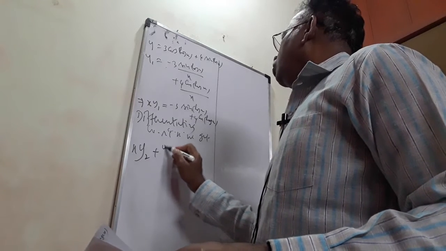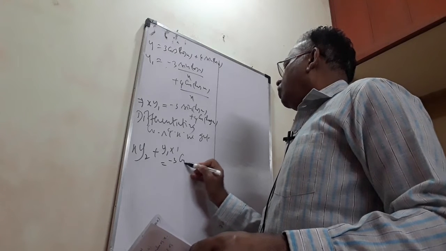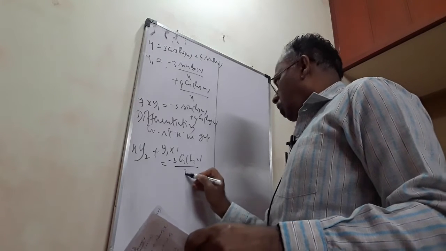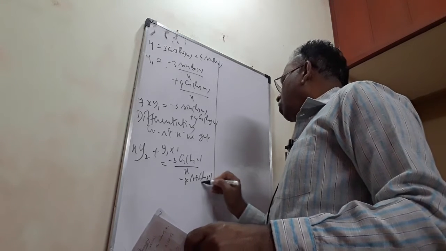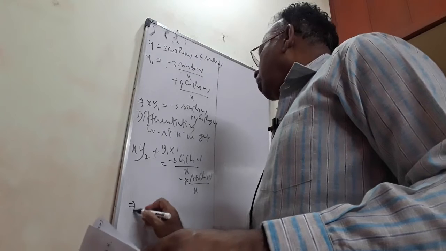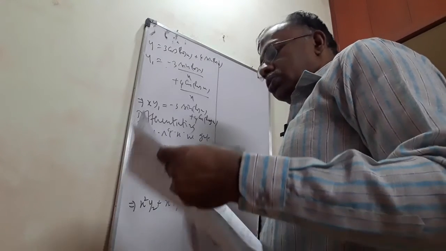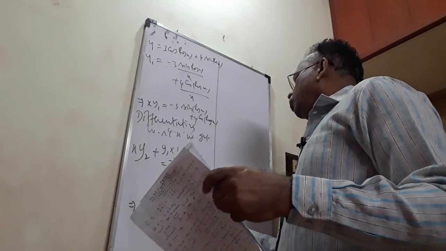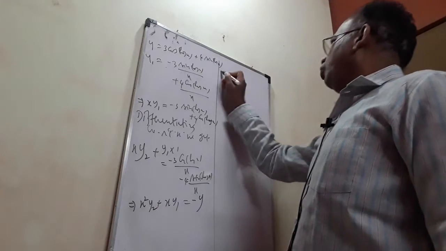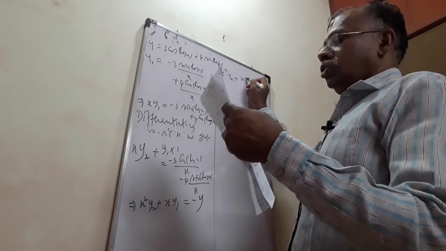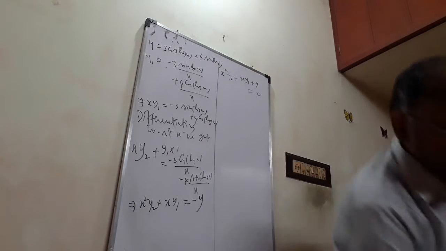X into y2 plus y1 into y1 is equal to minus 3 cos log x by x minus 4 sin log x by x. Cross multiply x. What do I get? X square y2 plus x y1 is equal to minus y. Take minus as common. Therefore, I end up with x square y2 plus x y1 plus y is equal to 0. That's what I am supposed to prove.